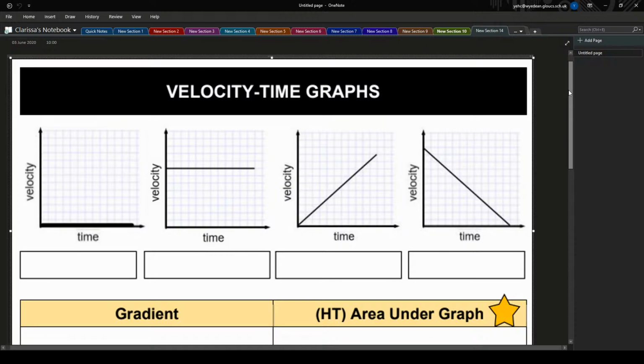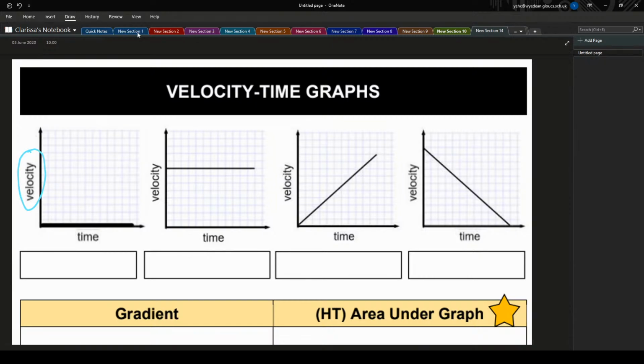Now we're going to move on to velocity time graphs, which is the next type of graph that you have to learn. And the trick here is, on an exam it's going to be a mix of distance time and velocity time. Because of that mix, you want to be careful and properly look at what is on the y-axis.